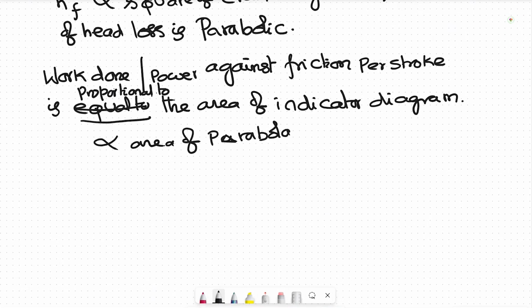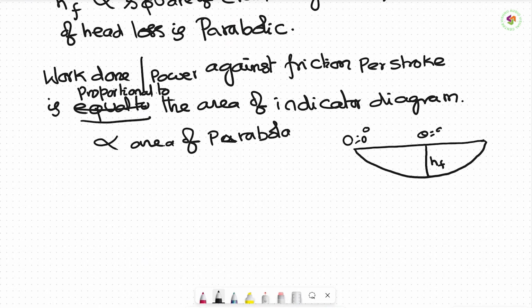How does it look? For example, this is the line, and this is hf. Similarly, on the other side, the delivery side is the upper side. If I take theta equal to 0, theta equal to 90, theta equal to 180, at theta equal to 90 it is the maximum value.